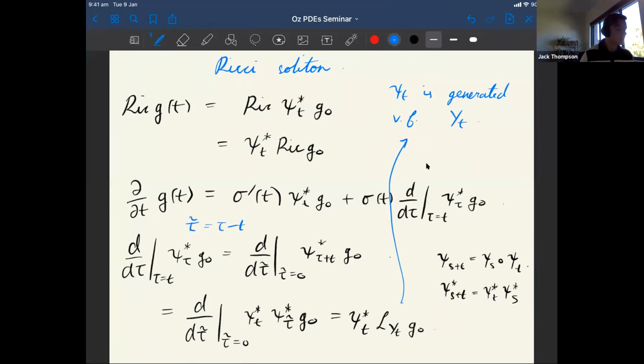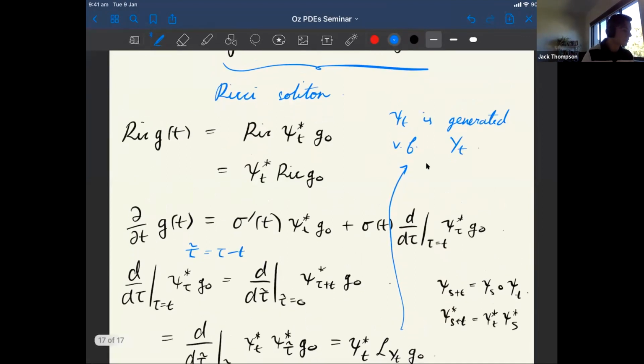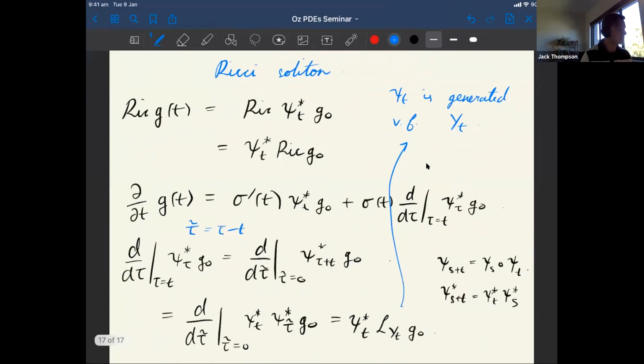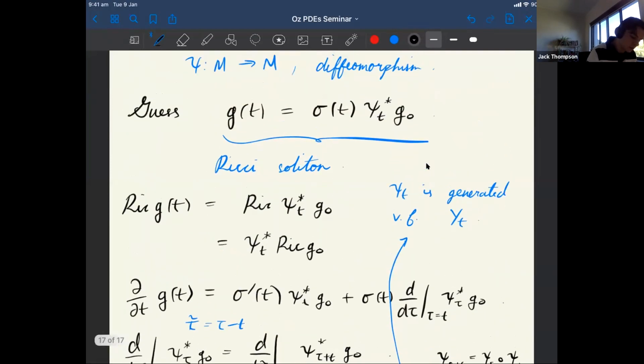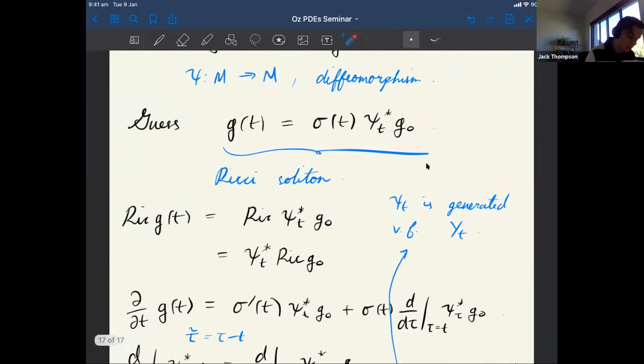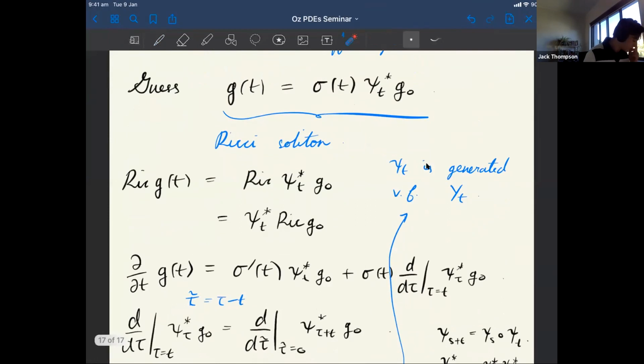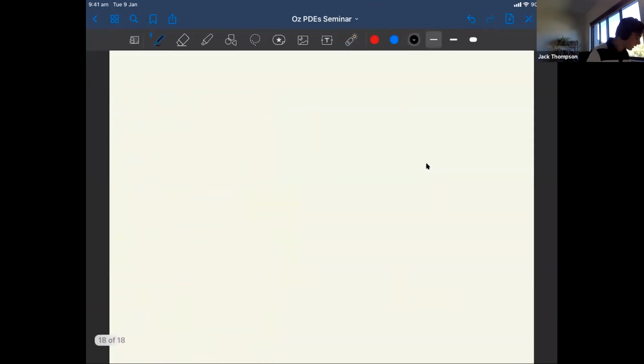Okay, so maybe to just finish off, the point of this exercise is that if I assume that my metric is of this form and I plug it into the Ricci flow equation, then what I obtain is that my initial metric must satisfy the following relationship.